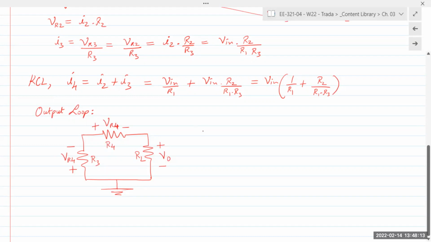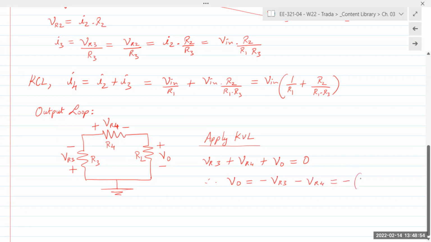And if we apply KVL, we obtain the expression VR4, VR3 plus VR4 plus VO is equal to 0. And therefore, I can say VO is minus VR3 minus VR4.